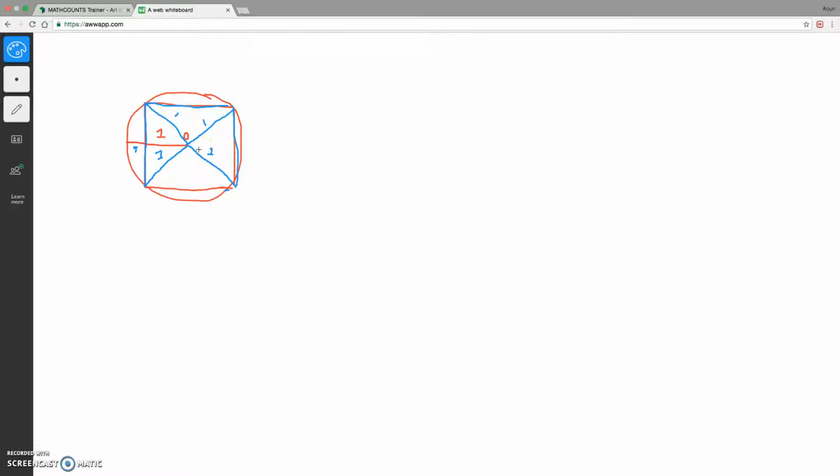So in a way, the circle's diameter is 2. And so is the whole diagonal of this right triangle. So we know it's right because the square has a 90-degree angle. So now, how do we do this? We have 4, but we don't know the areas, just the lengths.